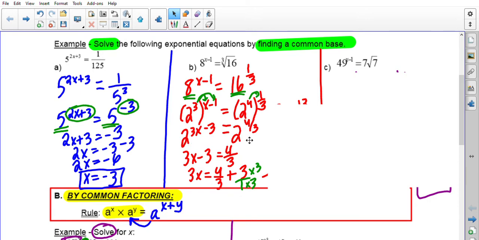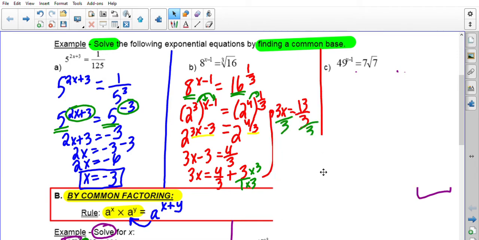So now that the bases are equal, we can equate their exponents. So we can make this equal to this. So 3x minus 3 equals 4 over 3. We're going to bring that negative 3 over, so it becomes plus 3. So then you need to have a common denominator here because you've got a denominator that's not equal to 1 here.